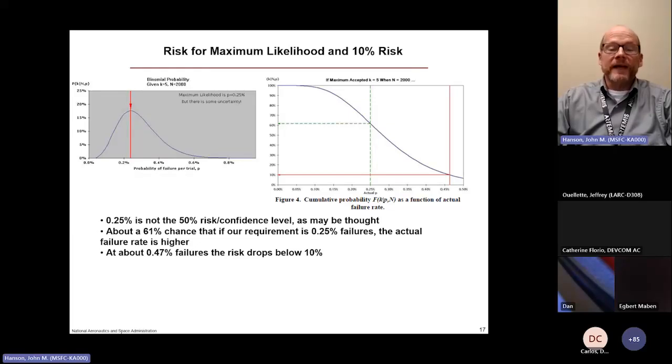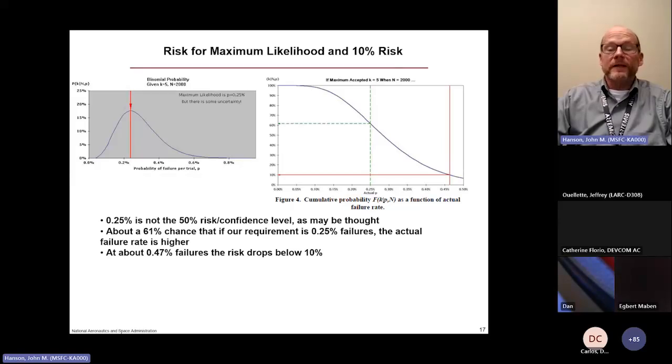So if the actual failure likelihood is 0 or real close to 0, I basically have a 100% chance that I will find success if I say I'm going to accept no more than 5 failures when I run 2,000 samples. If I make that my criteria, and the actual failure likelihood is 0 or just above 0, then I'm 100% going to see that.